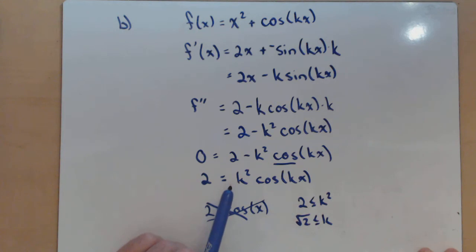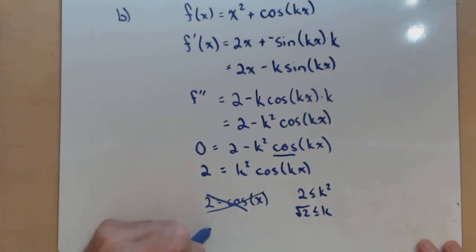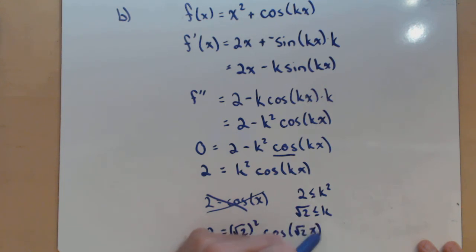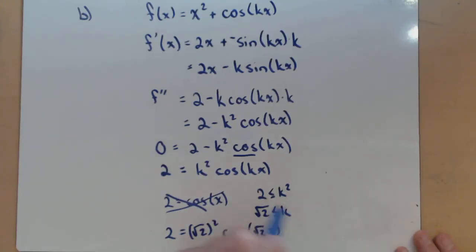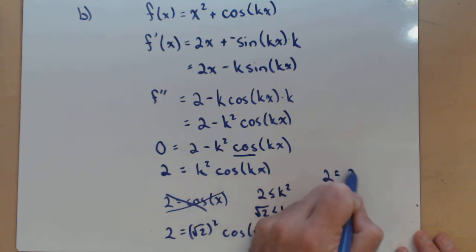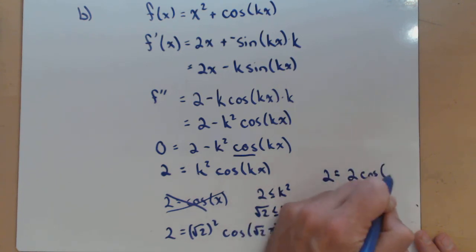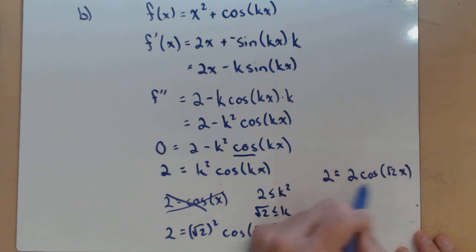Now, when it does, it's going to have infinitely many. For instance, let's say we use square root of 2 for k. We are going to get 2 equals square root of 2 squared times cosine of square root of 2 x, which is going to give us 2 equals 2 cosine of square root of 2 x.